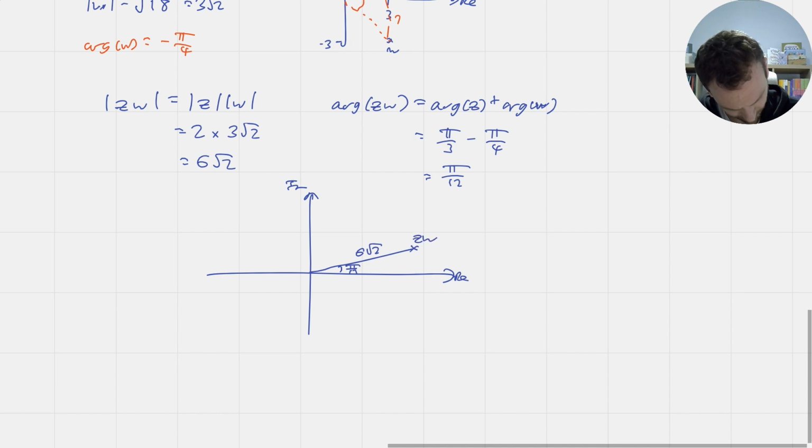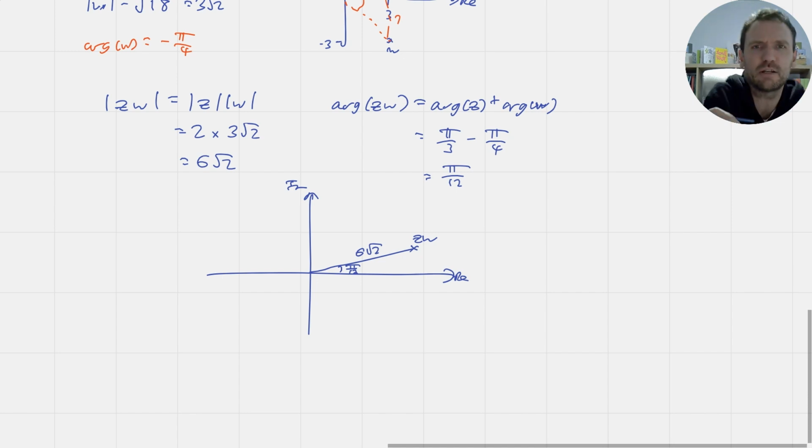So if I was wanting to label zw on an Argand diagram, if I've labeled those two bits of information, it's summing up where we are. Just make sure you think about the size of the angle when you're doing that. You're not going to be expected to draw pi over 12 perfectly, and I've probably drawn it too big. But I've not labeled the scale, I've labeled the angle. It's clear what's going on there.